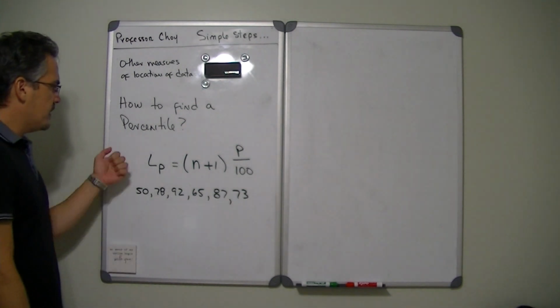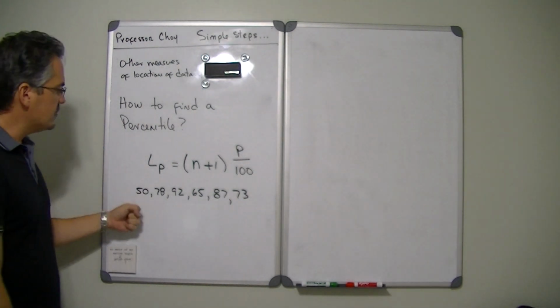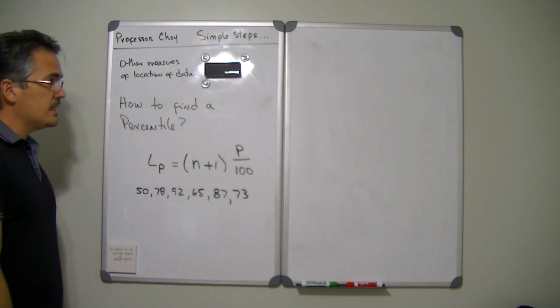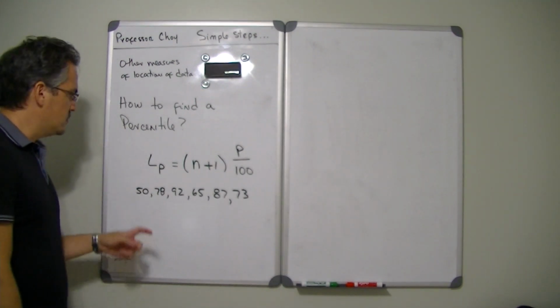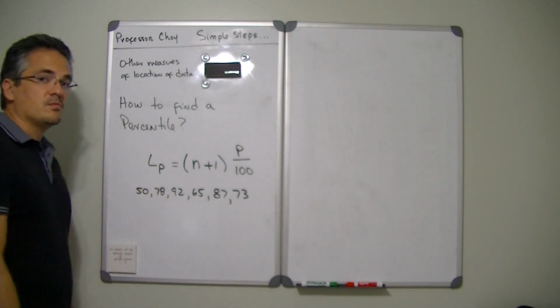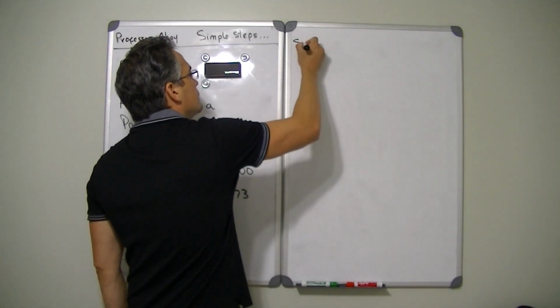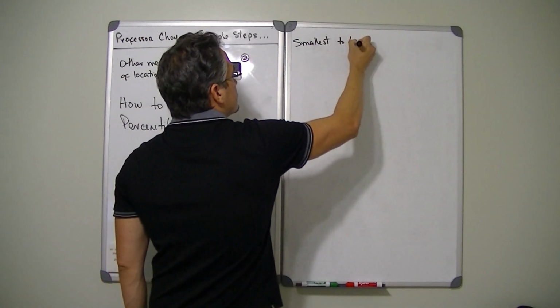Now, this is a formula to find the location of a percentile. Now this right here is 6 pieces of data. The first thing that you need to do in order to find a percentile location is reorganize your numbers from smallest to largest. Okay? So from small to largest.